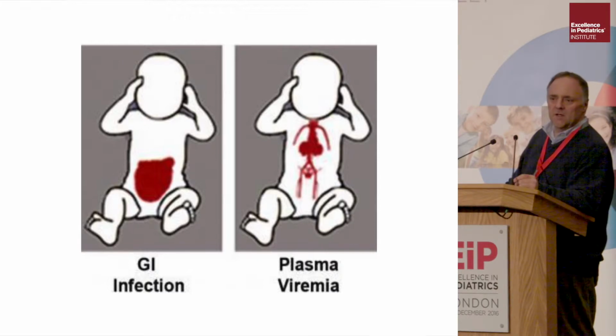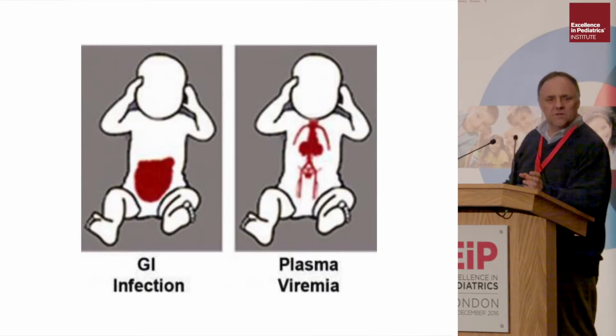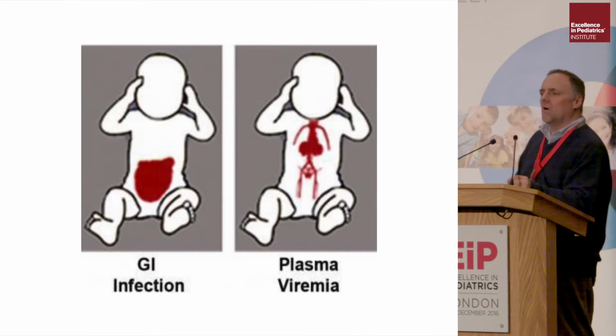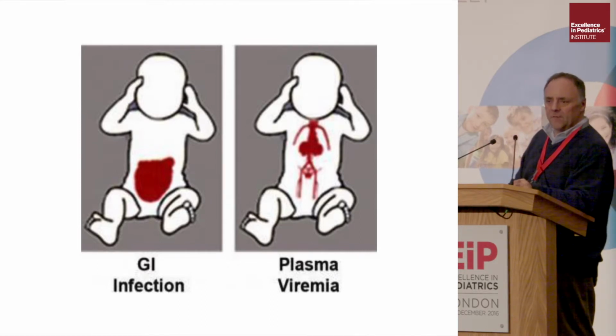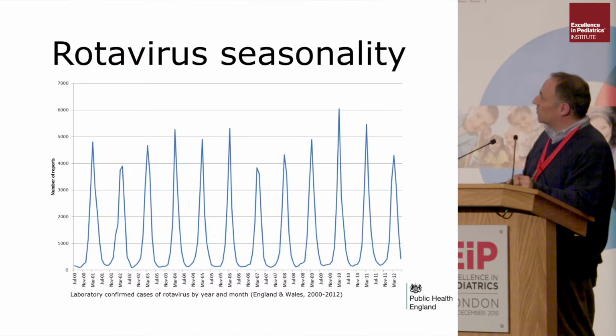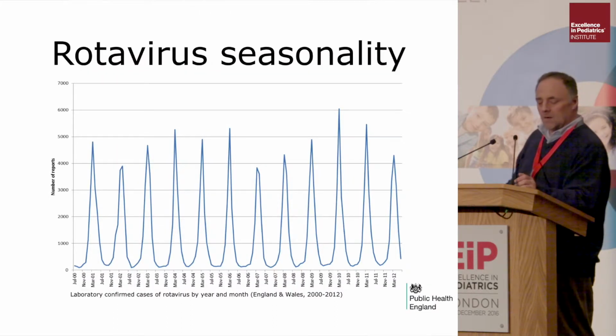Same with an RSV episode. And when people, for other reasons, do a lumbar puncture, in the CSF you also find the RSV. So we often think that viruses are restricted to one area of the body. Very often that is not the case. And this is also for rotaviruses.